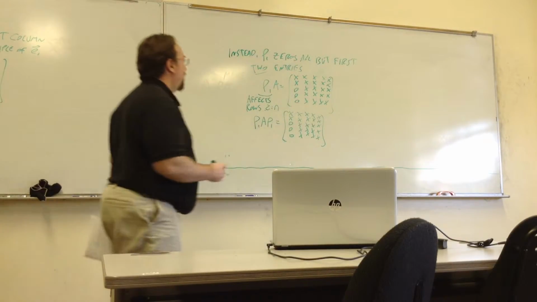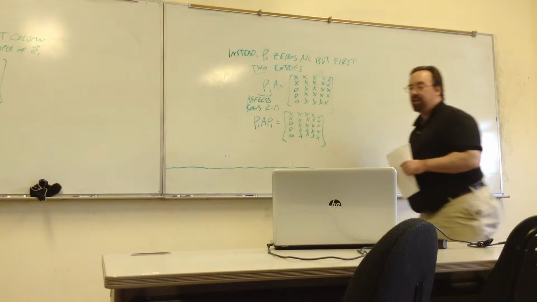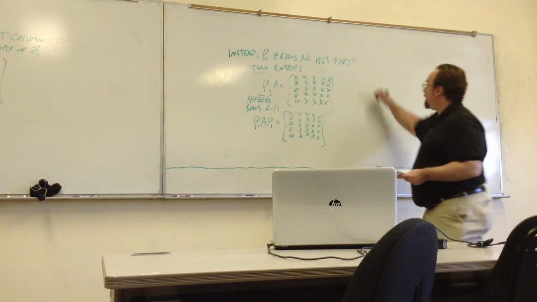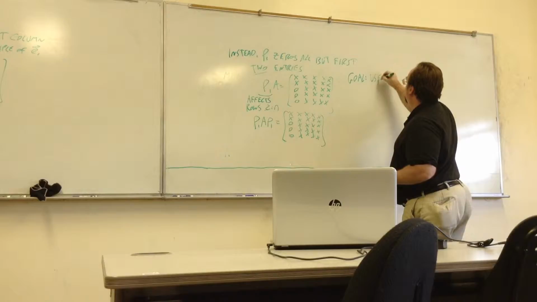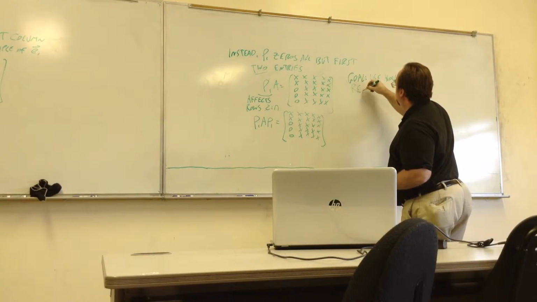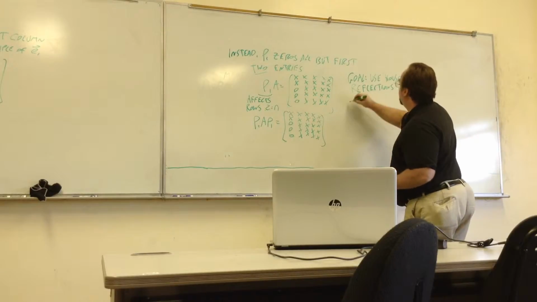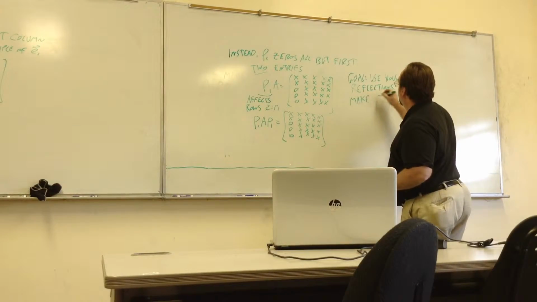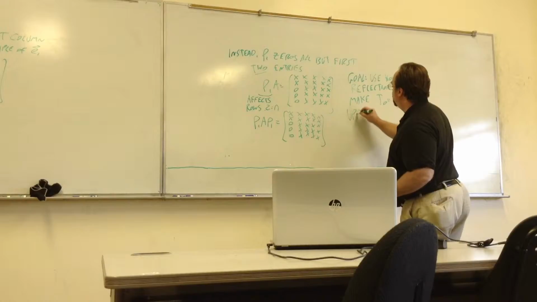Okay. So now we have an approach. Our goal is to use Householder reflections to make this matrix T naught, which is U transpose A U, an upper Hessenberg matrix.